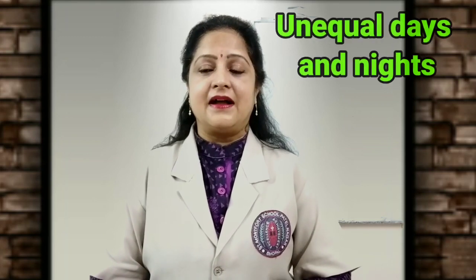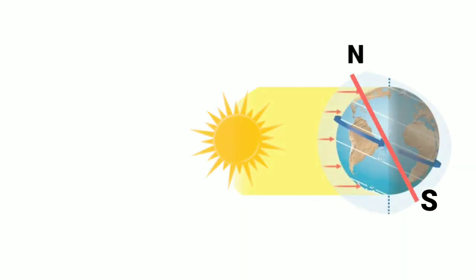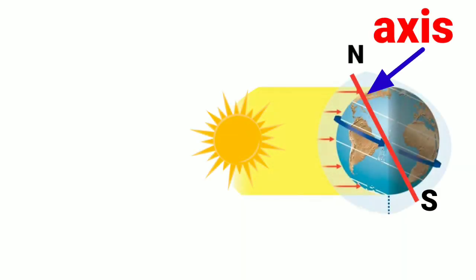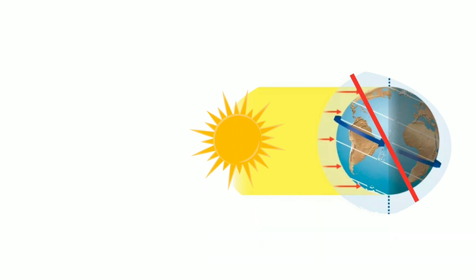So next is unequal days and nights. We know that Earth's axis is inclined to the Earth's orbital plane. So it is always slightly tilted in the same direction as the Earth revolves around the Sun.